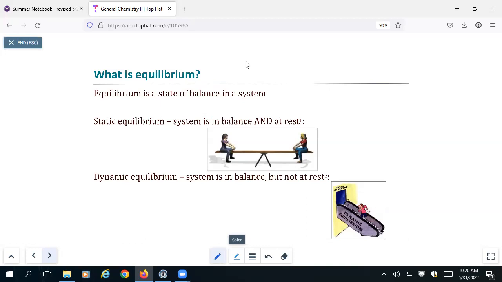We're going to start with a generic definition: equilibrium is a state of balance inside of a chemical system.